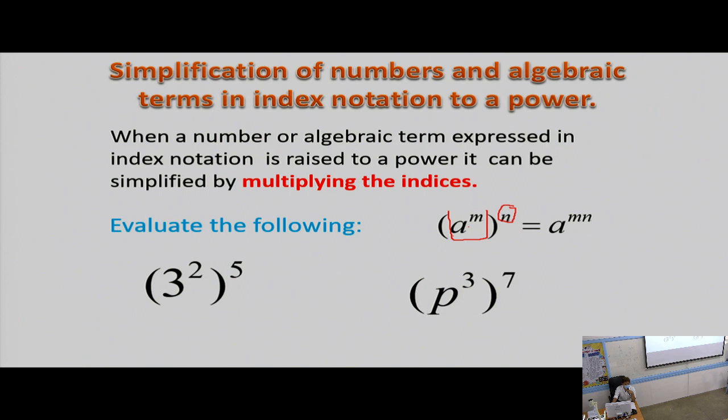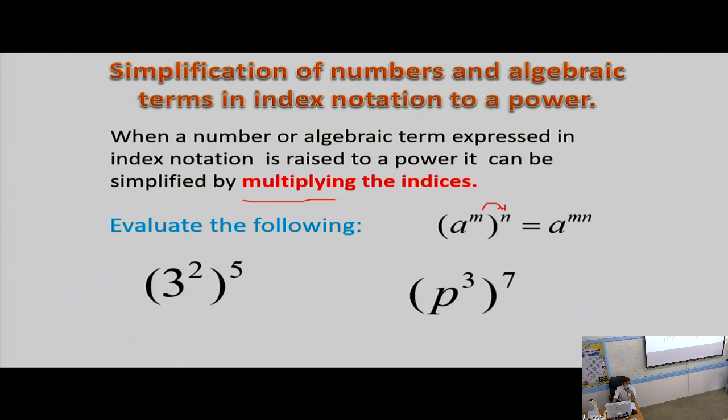What you're going to do with the exponent is multiply the index, so that would be m times n. So a to the power of m to the power of n is equal to a to the power of m times n.